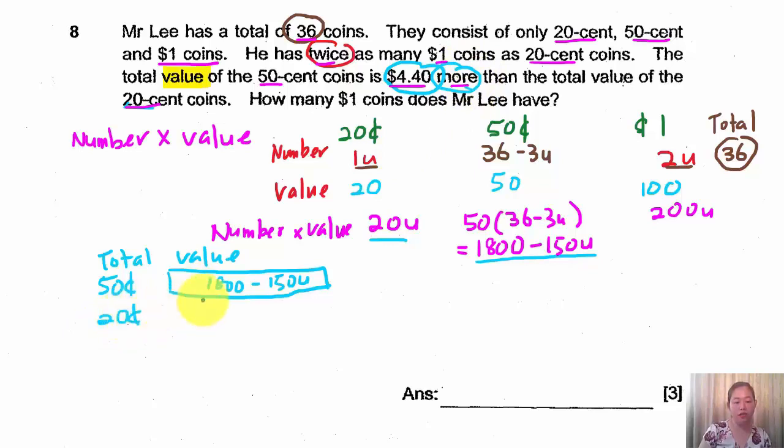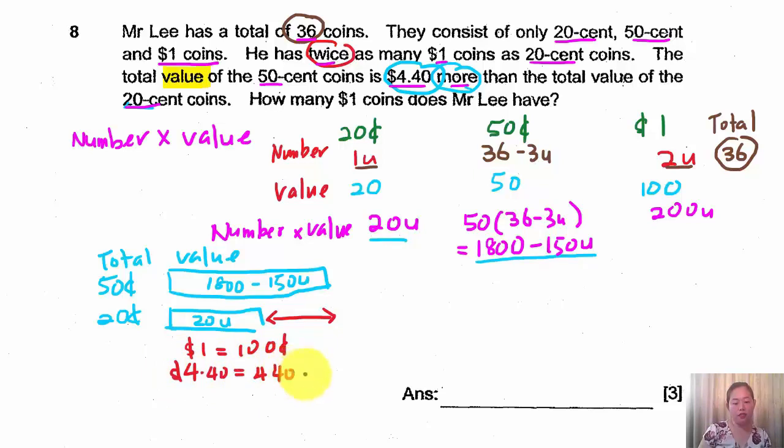So this is the 20-cent coin, and I'll just put it here. And this is 20 unit, right? And the difference is here, which is 440, and it means, since $1 is 100 cents, 440 is equal to 440 cents, right?